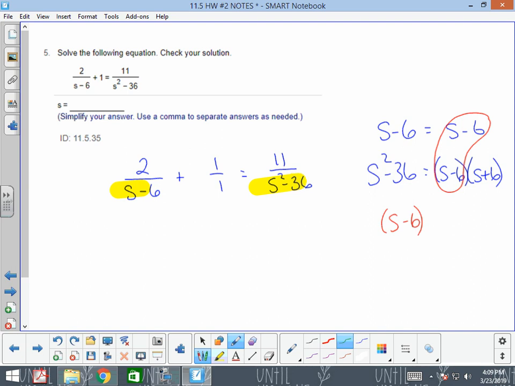They don't have in common this s plus 6. So my LCM is s minus 6, s plus 6. Alright, so we're going to put s minus 6, s plus 6 in each numerator.